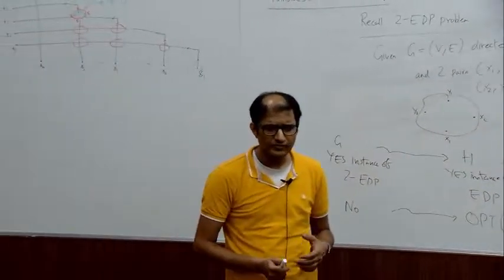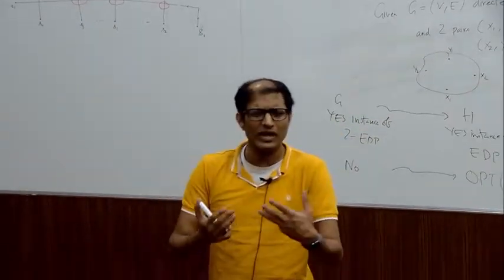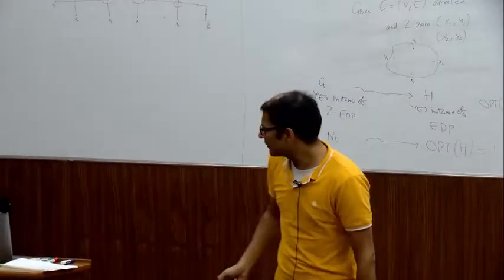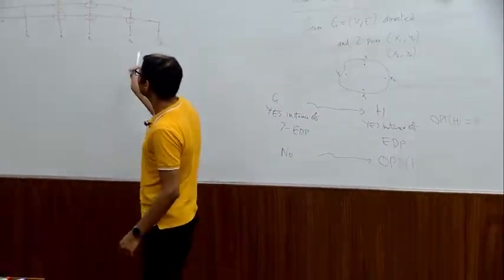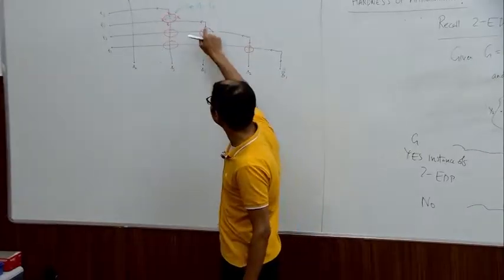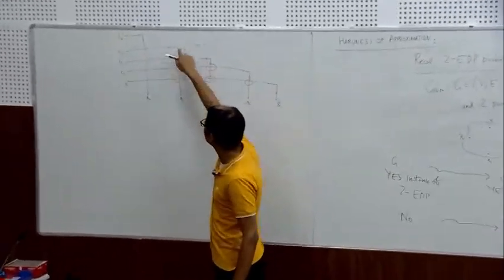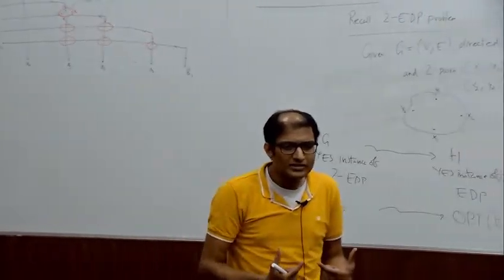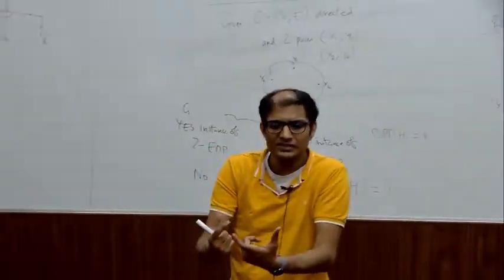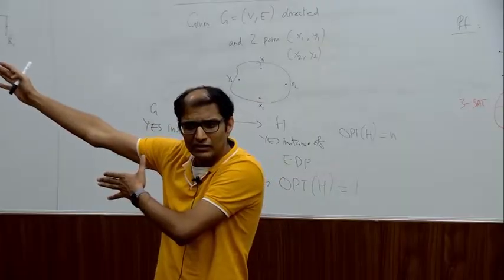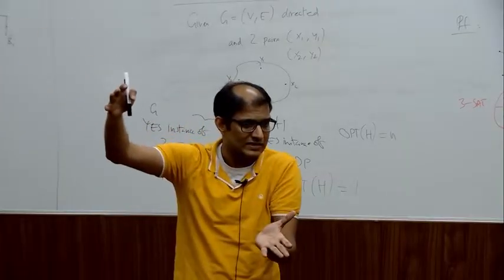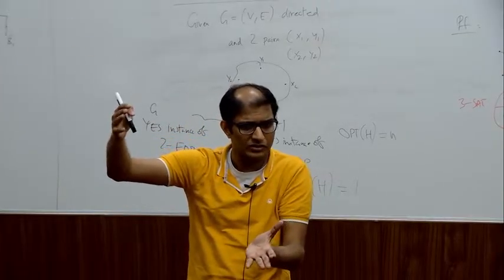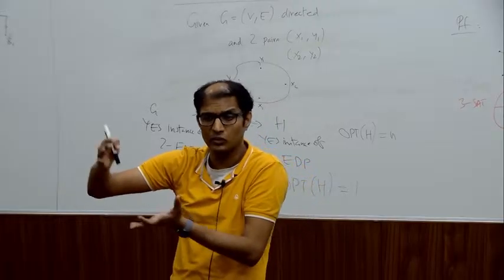Okay. And the reason this would happen intuitively speaking is that if you could route Si to Ti and Sj to Tj, so here is Si being routed to Ti, here is Sj being routed to Tj, then what you can conclude is that there exist two edge disjoint paths inside the graph G, which we know do not exist, right? Because G I started out assuming was a no instance.